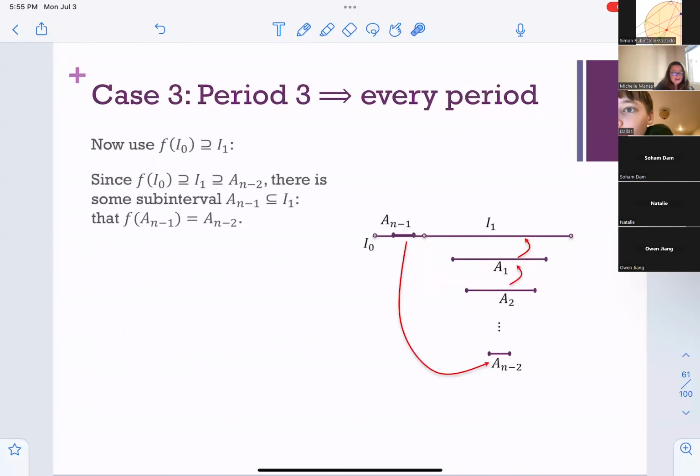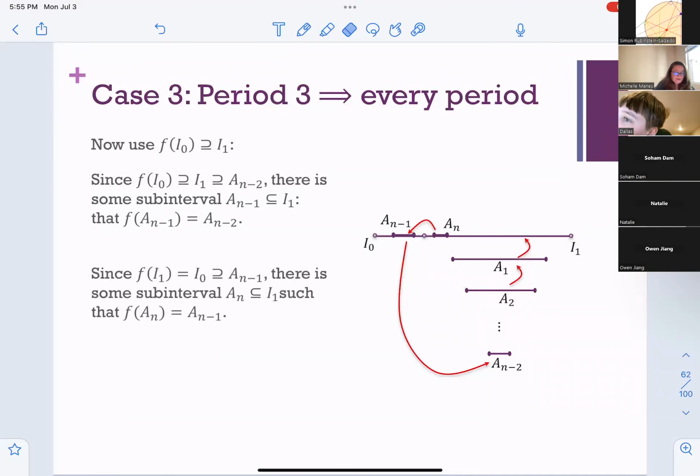All right. So now I use the fact that I0 covers I1. So in particular, I0 covers this little tiny interval An minus 2. So again, shrink it down to make it exact. Take this little subinterval An minus 1. This guy exactly covers An minus 2, exactly covers An minus 3, all the way up, exactly covers I1.